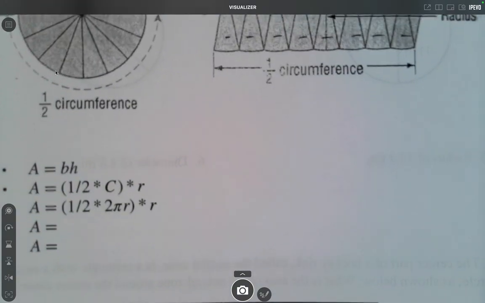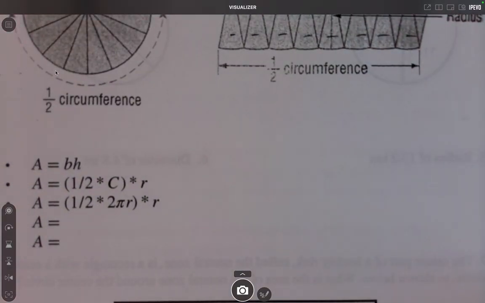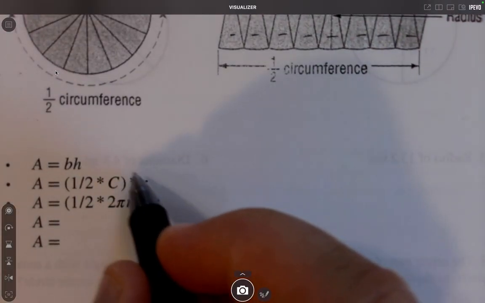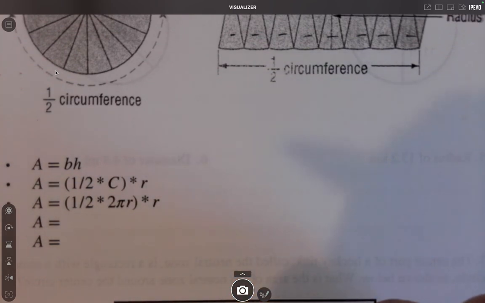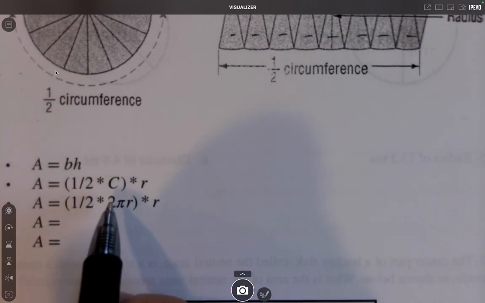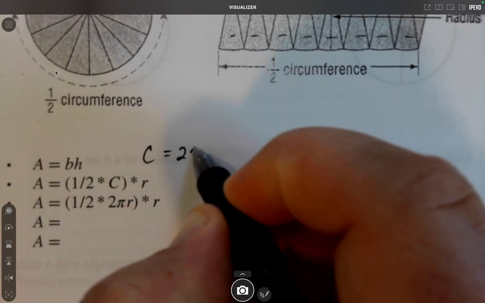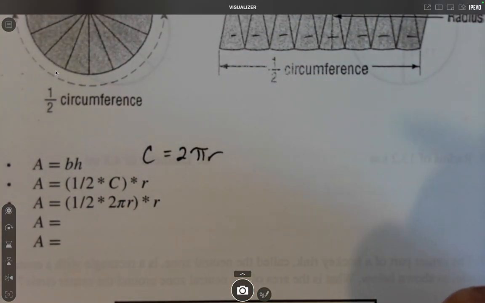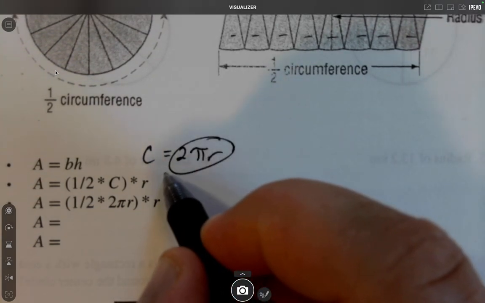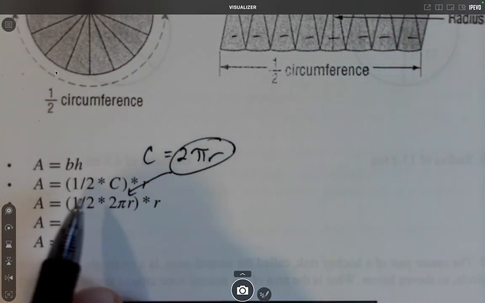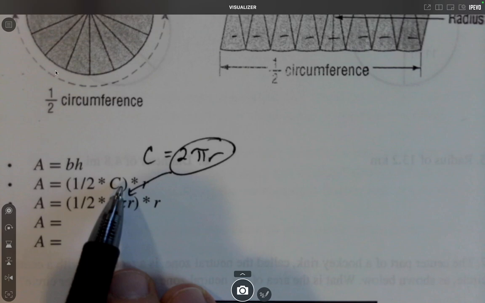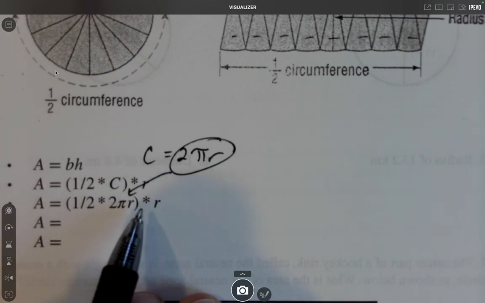But then, believe it or not, they're like, but we can make this even easier. We don't want to have too many different kinds of variables in here if we can help it. So they said, well, we know the formula for the circumference of a circle. One of them is 2 pi r. So we can substitute 2 pi r in for the C. So they replaced 1/2 C with 1/2 times 2 pi r.